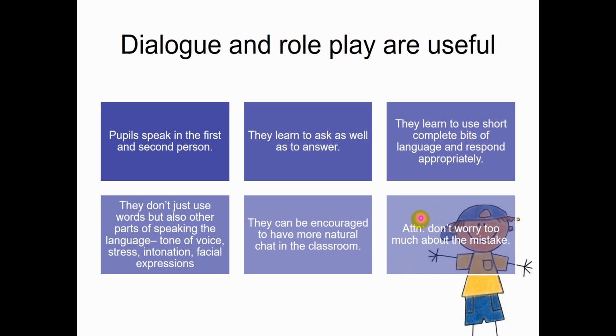Pay attention. Do not worry too much about the mistakes. Like I said before, if it is controlled or guided practice, when they make a mistake, correct them as soon as possible. But if it is a free activity, let them speak. Don't worry about the mistakes. You can correct the mistakes later on, in the dialogue or in the role play.